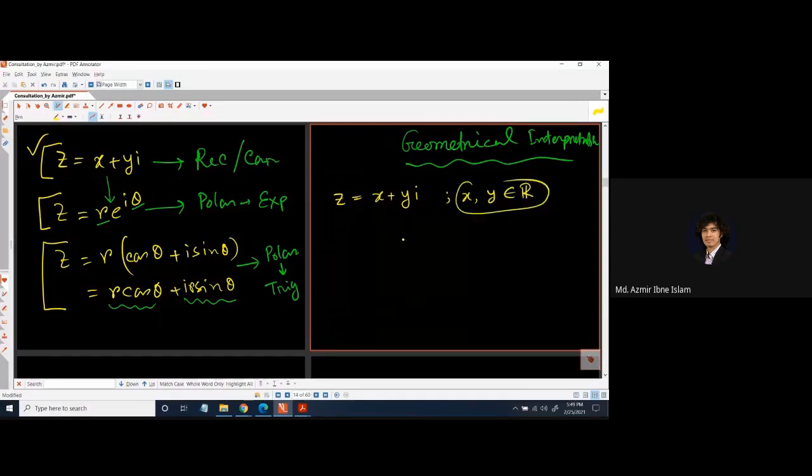So here x is called the real part of z. Complex number is denoted by the letter z.